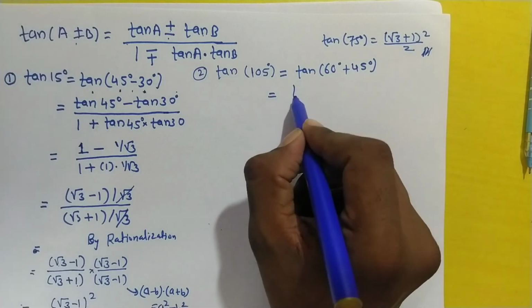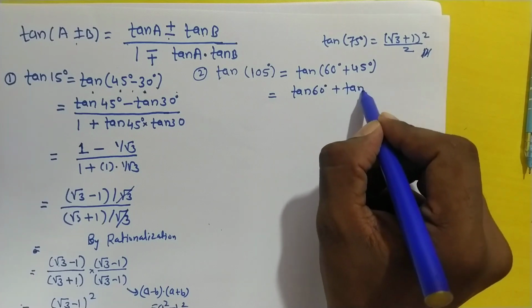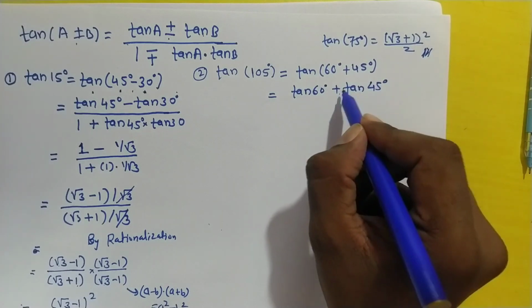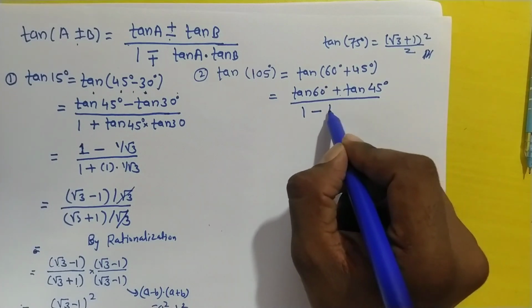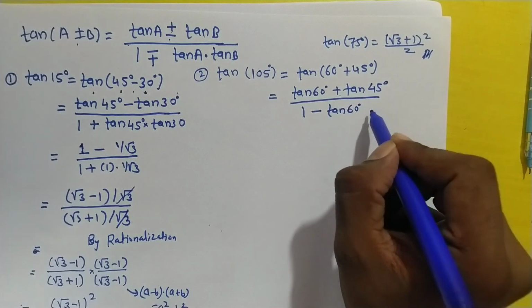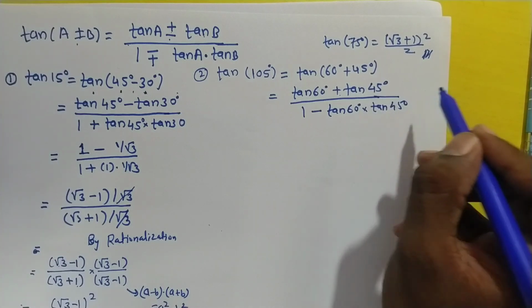It is equal to tan of 60 degree plus tan of 45 degree. Here take the same sign, on divide 1 minus, take the reverse sign, that is minus tan of 60 degree multiply by tan of 45 degree.